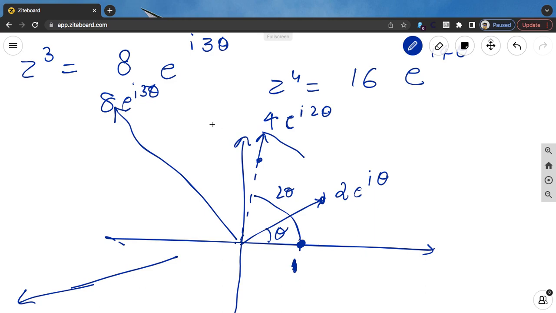As the power goes on increasing, what will happen? What kind of a shape is that? It's not a circle because the radius is not the same, but it is moving in an angular fashion. Think of what kind of a shape that will give you.